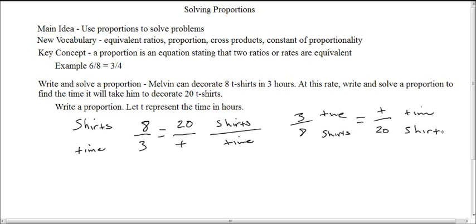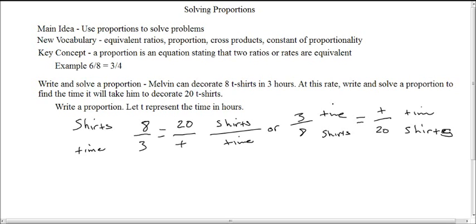If one's in the numerator, both have to be in the numerator. If one's in the denominator, both have to be in the denominator. So you can write either one as long as you have the actual units in the same denominator or numerator. I just want to put that out there, but we're going to use the first one. So now we have 5 steps.